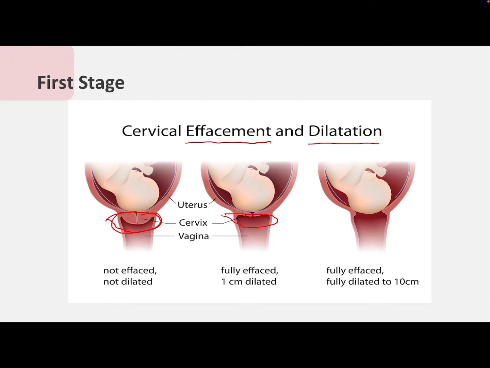And dilation: dilation means open. As we see here, the cervix is thick, then it will be thin and slightly dilated, slightly open by 1 centimeter. And at the end of the first stage, it will be fully dilated, fully open by 10 centimeters.